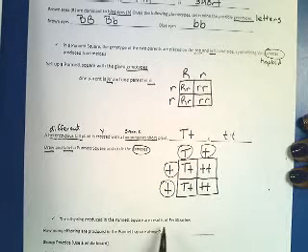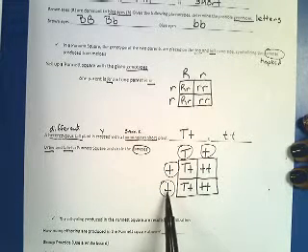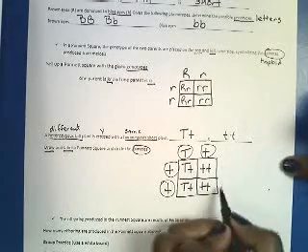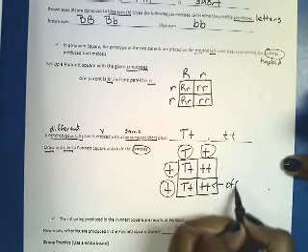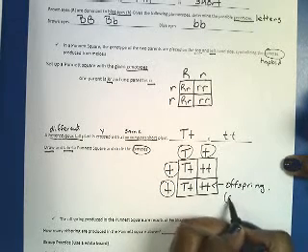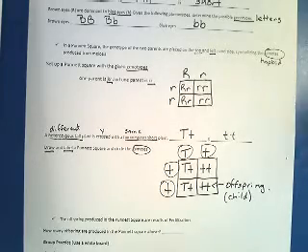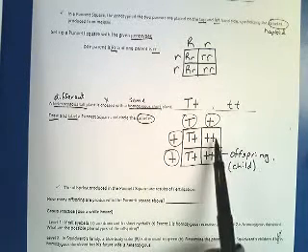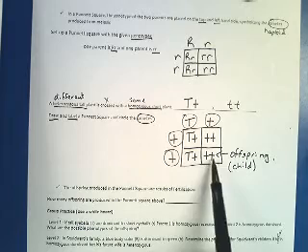Next key point, the offspring produced in a Punnett square are results of fertilization. So this gamete meeting with this gamete would mean that this box is an offspring. Or a child. So the next question says, how many offspring are produced in the Punnett square above? So we count 1, 2, 3, 4.